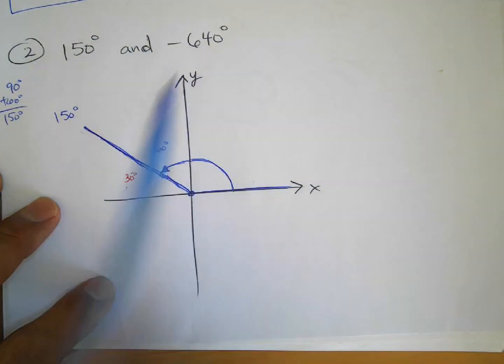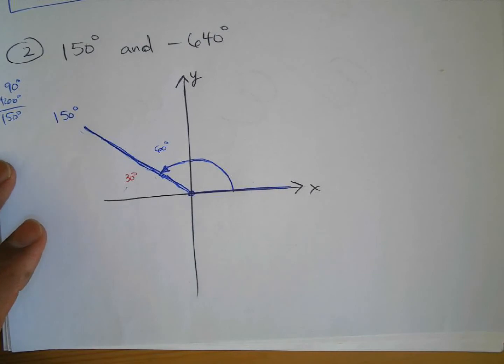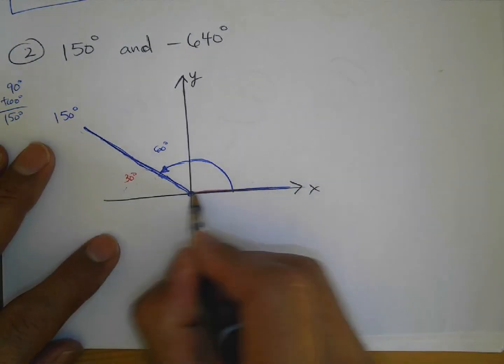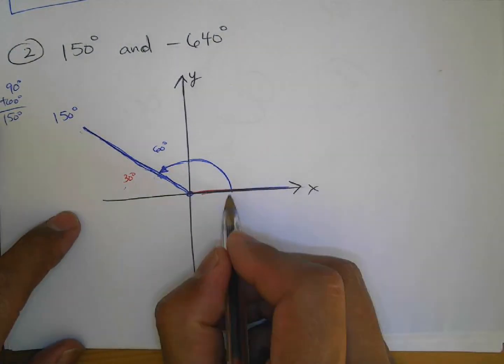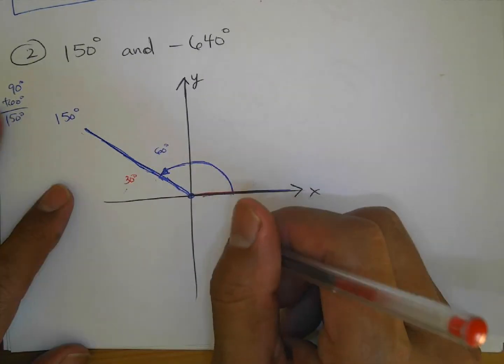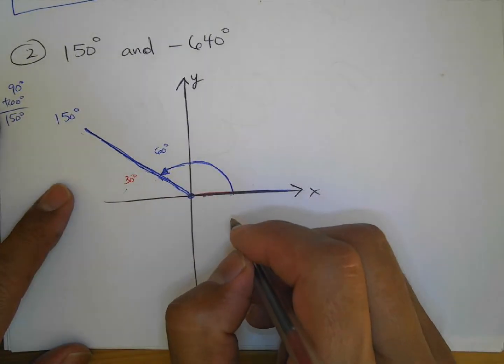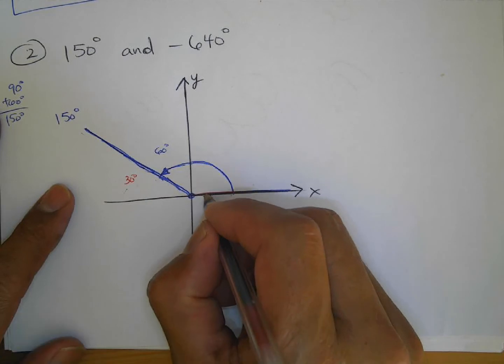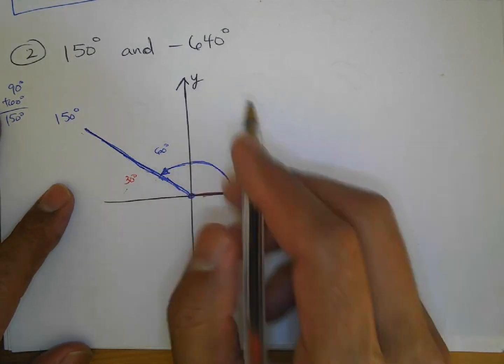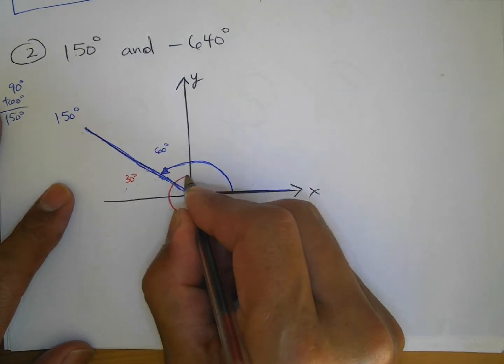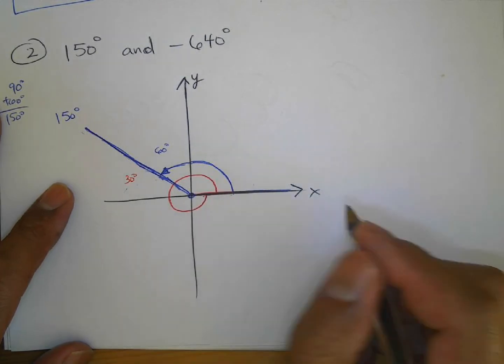Okay, we've got to sketch now the negative 640. Well, negative angles start here, but they are drawn clockwise, right? So I'm going to have to go, 640 is more than 360, so that's already one time around.